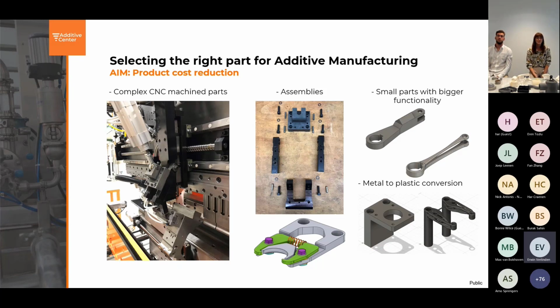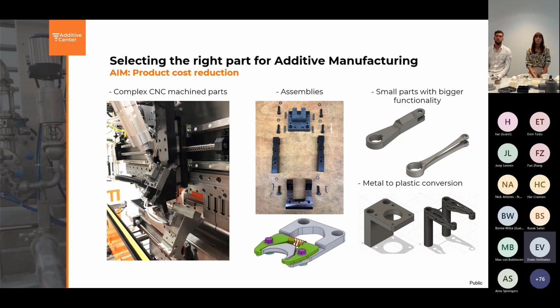Then I want to emphasize this last point, which is metal to plastic conversion, because we've seen from our experience that many engineers are using metal like aluminum because of the convenience in CNC machining. However, in many cases, as in the example of this motor holder here, it is really not necessary to use metal.